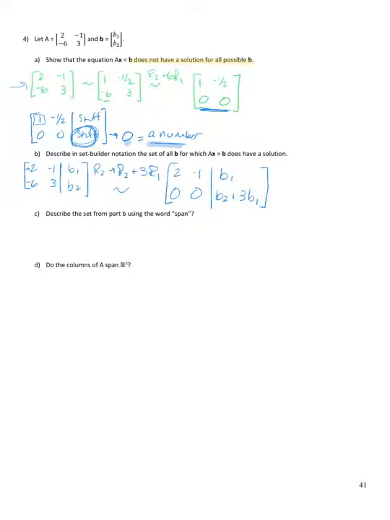This system will be inconsistent if this number is not 0. So no solution if B2 plus 3B1 is non-zero. Any B1 and B2 that satisfy that will give me an inconsistent system.